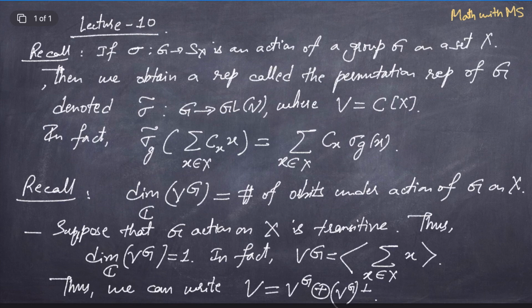But V^G is one dimensional, and in fact the action there is trivial, so it is nothing but the trivial representation of G, and we get a non-trivial representation on V^G perp that we call the augmentation representation associated to the given group action.